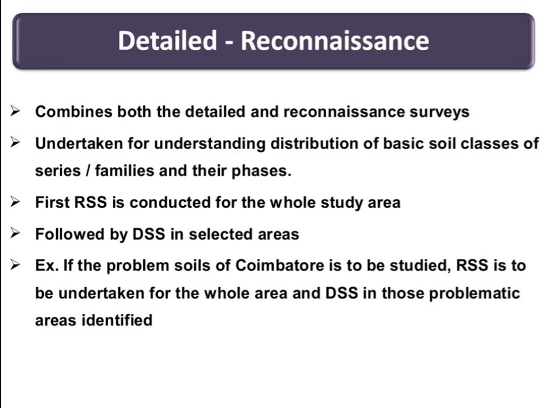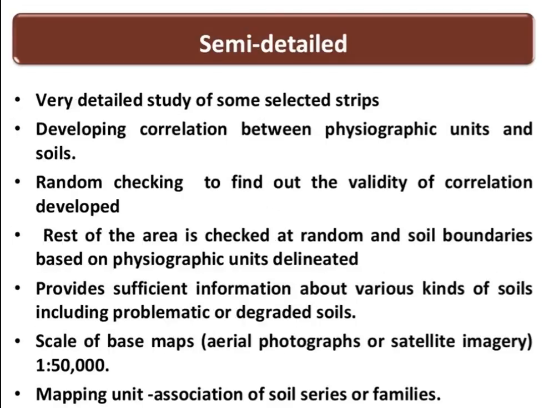The selected areas that have development potential are surveyed in detail and the others at reconnaissance level. First, a reconnaissance soil survey is conducted for the whole study area, followed by detailed soil survey in selected areas. For example, if problem soil of Coimbatore is to be studied, then reconnaissance soil survey is undertaken for the whole area, and detailed soil survey is done in those areas where problems are identified.